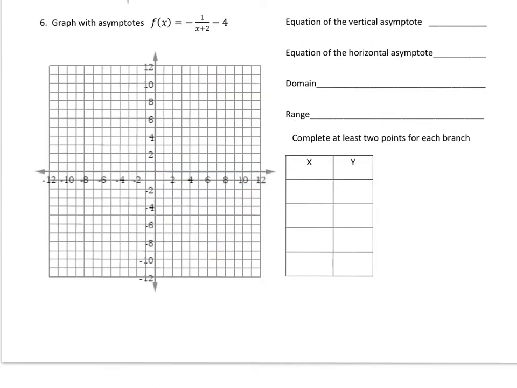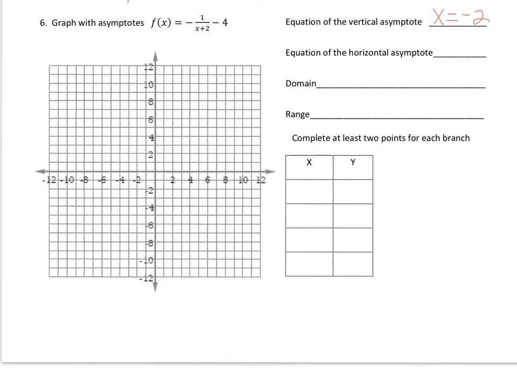Okay, now let's look at number 6, graph with asymptotes. F of x equals negative 1 over x plus 2 minus 4. So what is the equation of the vertical asymptote? Remember, the vertical asymptote comes from whatever makes the denominator equal to 0. So x plus 2 equals 0. That means x equals negative 2.